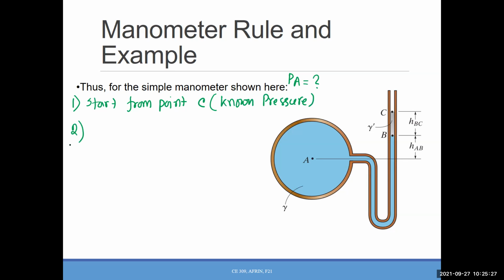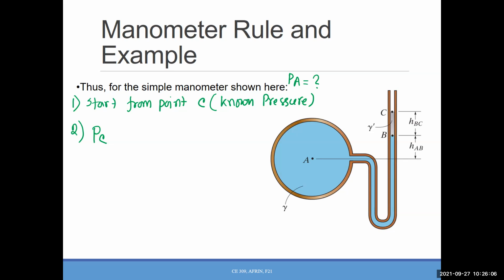Now point number 2 was that we need to move from one interface to the next interface, right? Since I'm starting from C, I will write down PC. At this point, I will not write down 0, rather I will develop the general expression and then insert the values. From point C, what is the next fluid interface vertically?